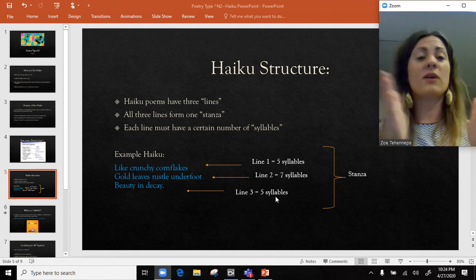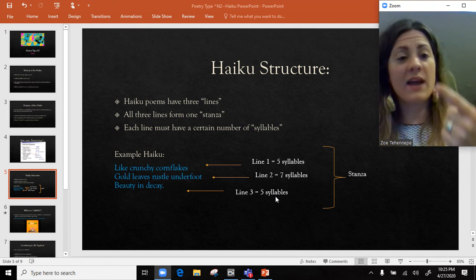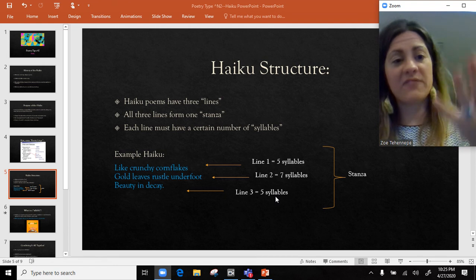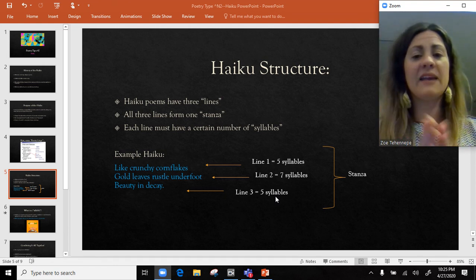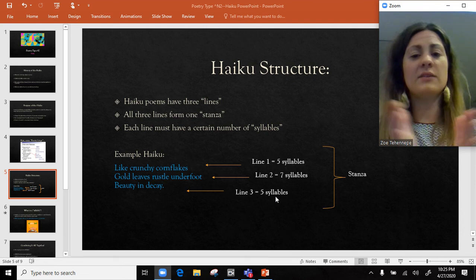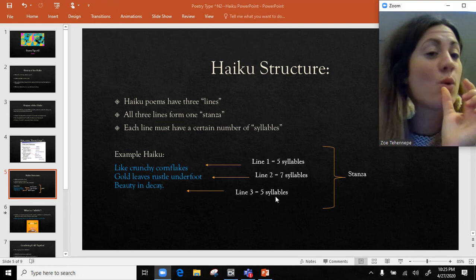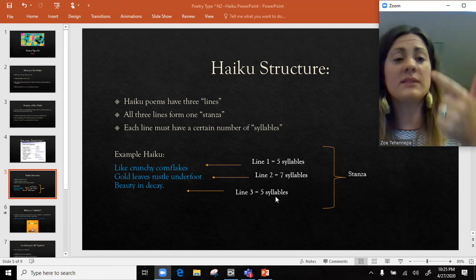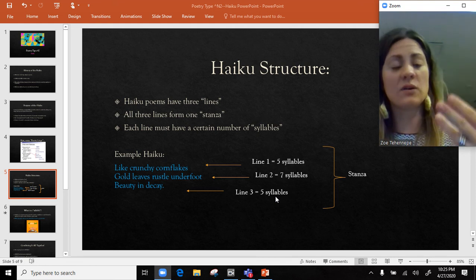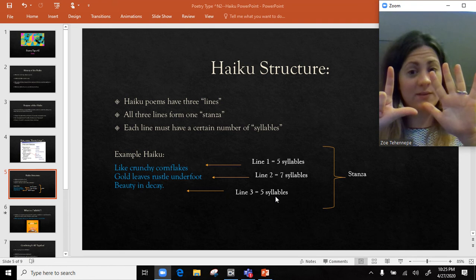So, like crunchy cornflakes. Did you see that? Like crunchy cornflakes. Boom, 5 syllables. Gold leaves rustle underfoot. So however many claps you get into one word, that's how many syllables that word has. Gold leaves rustle underfoot. 7 syllables.